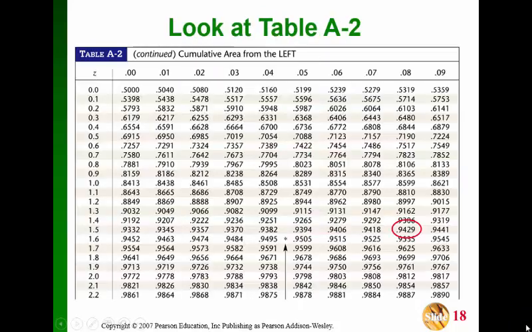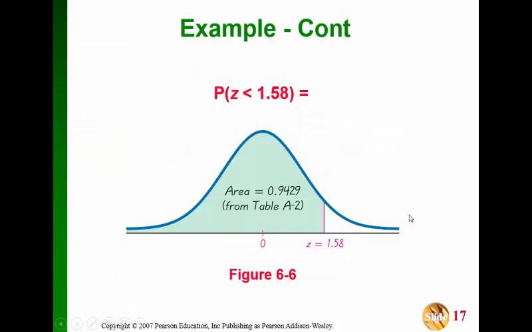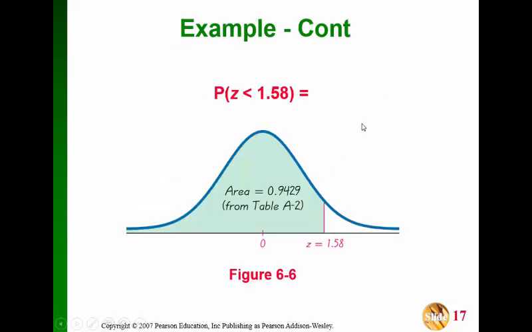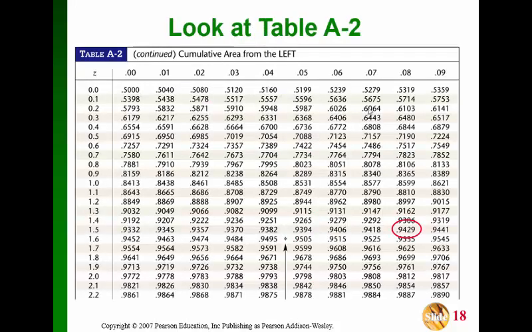All right, let me just walk through some of the things here that they have in the sheet of notes, and I'll have this in the handouts with this PowerPoint presentation. So using the table, they got the same answer that we got, 0.9429 for the first problem.